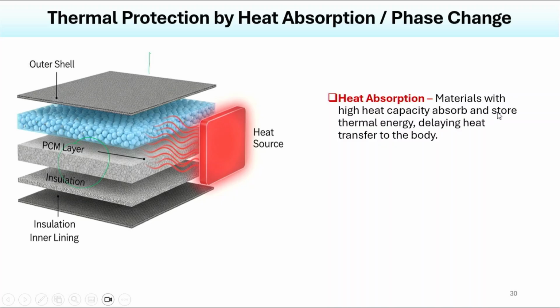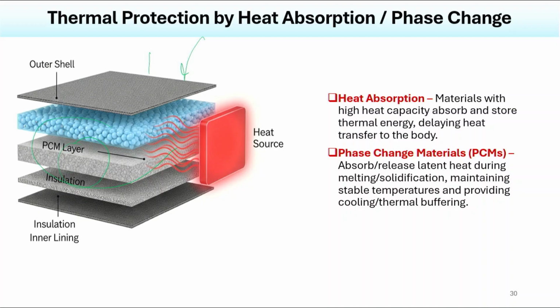Materials with high heat capacity absorb and store thermal energy, delaying the heat transfer to the body. So, once someone enters, it absorbs heat and stores heat in it, and it delays the heat transfer to the human body, by the time the firefighter completes his operation and comes out from the heat source.